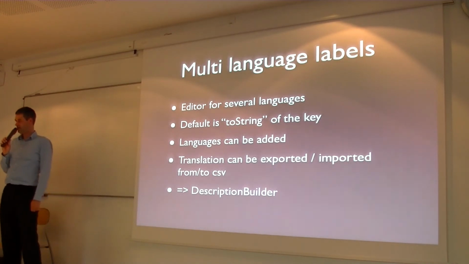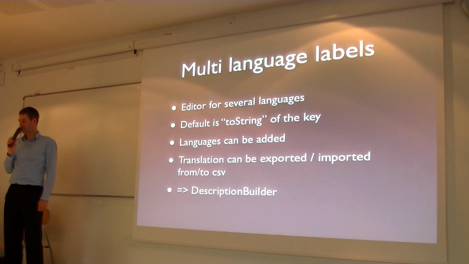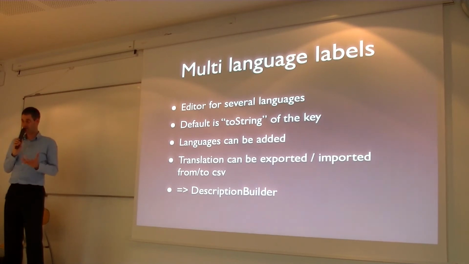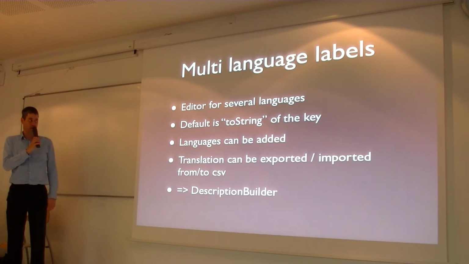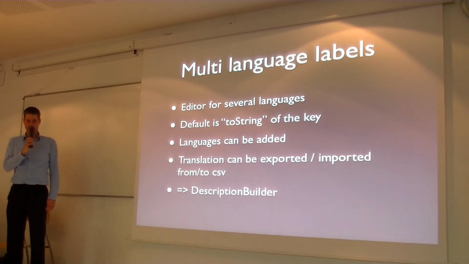A second thing I would like to show you is multi-language, which is often a problem you want to have. I introduced in the QC Magritte something to allow for multiple languages. The default is the read string of the key.